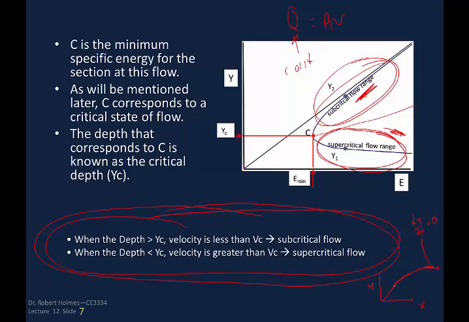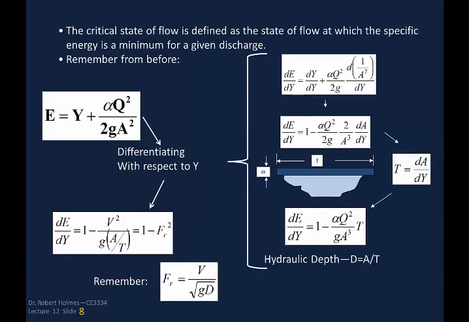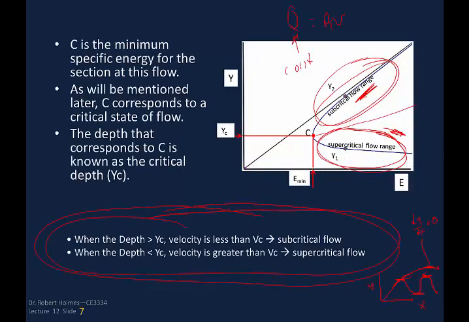So if I had something that looked like a sine curve, we would have dy/dx is 0 at these minimum and maximum points. That's something you should remember from calculus. And so as we move through here, I want to come up with a relationship of the specific energy, the differential of specific energy with respect to y, where I can look at that minimum value back when we were looking here.